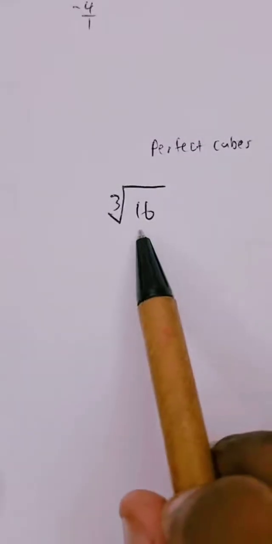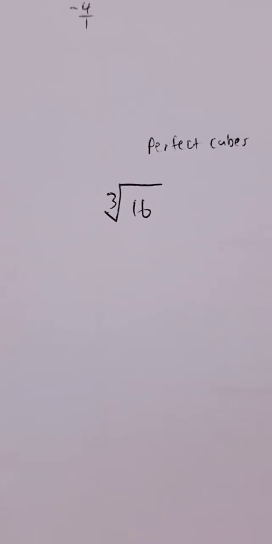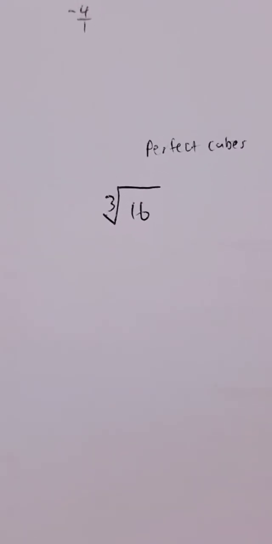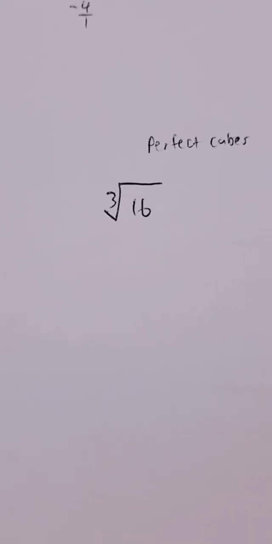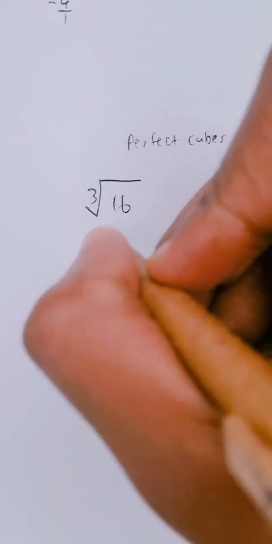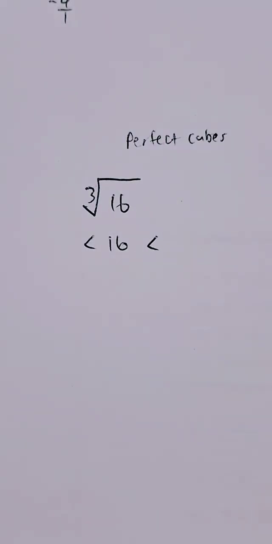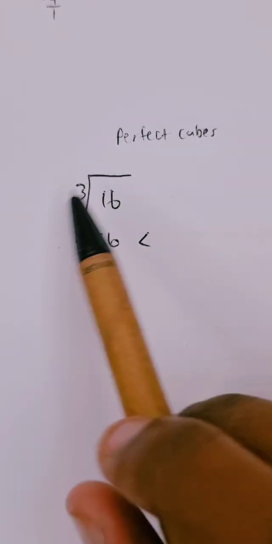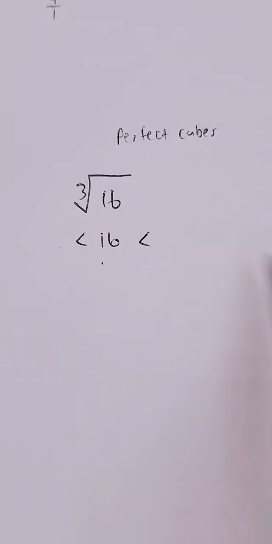So the two numbers that are perfect cubes that lie on either side of the cube root of 16. If we write down 16, we are looking for perfect cubes, not perfect squares, because a perfect square does not accommodate the cube root of 16.